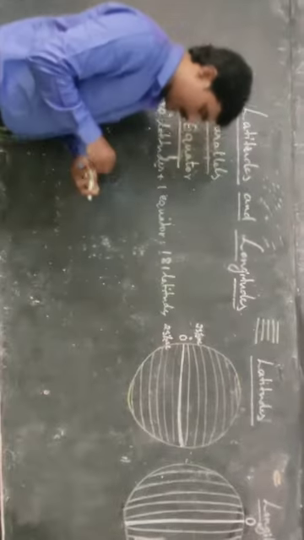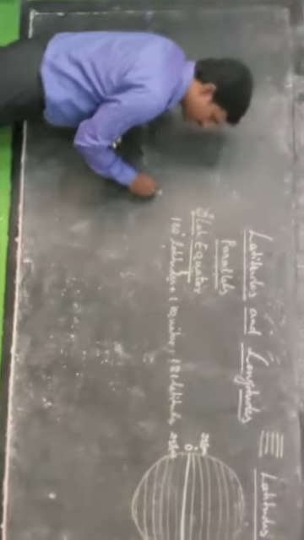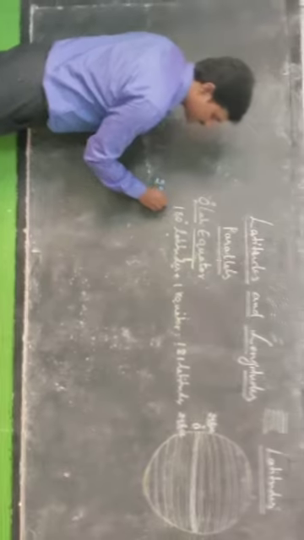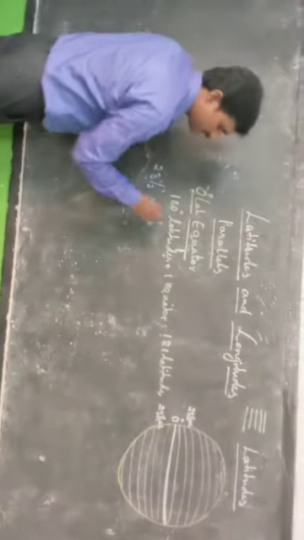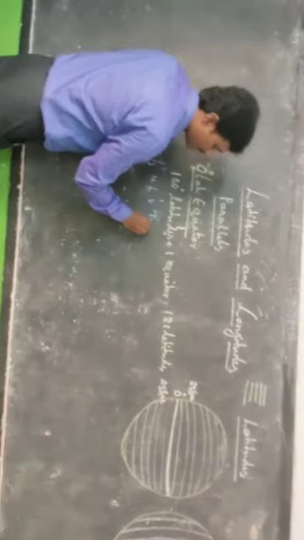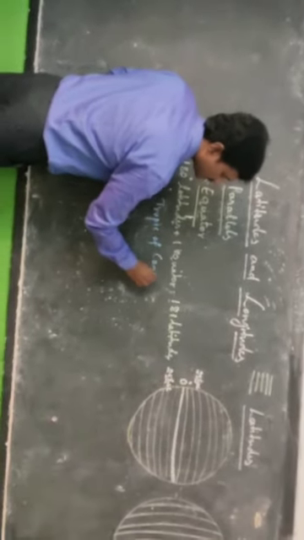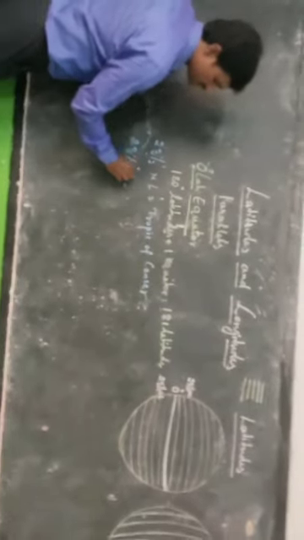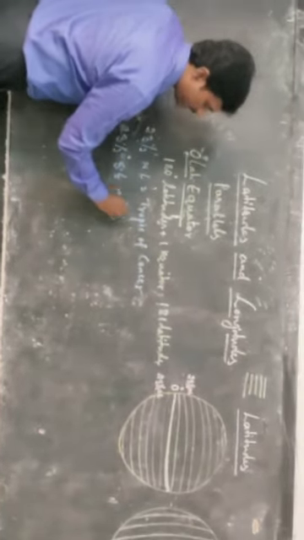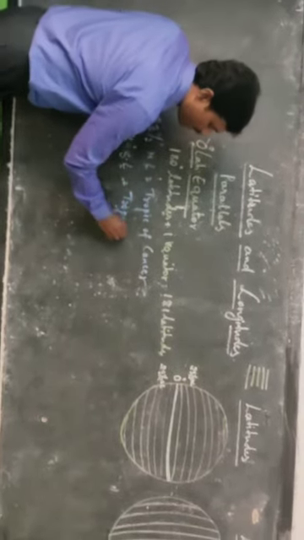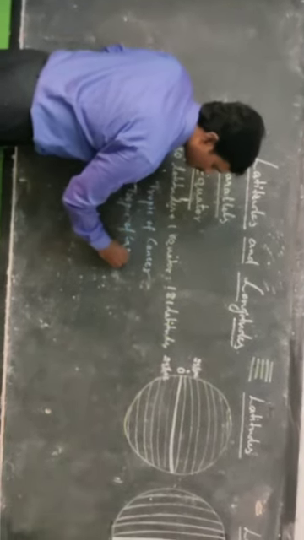These two are important. 23.5 degrees north latitude is called Tropic of Cancer, and 23.5 degrees south latitude is called Tropic of Capricorn.